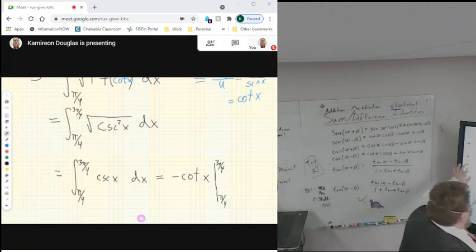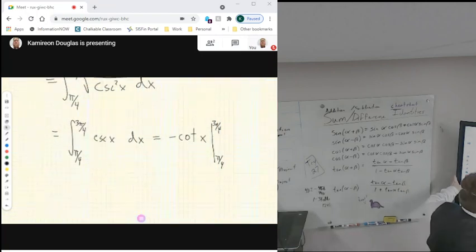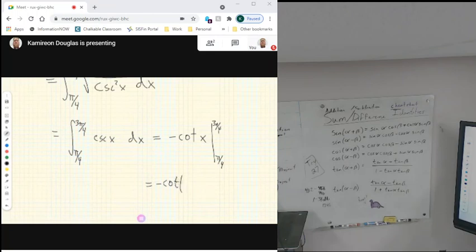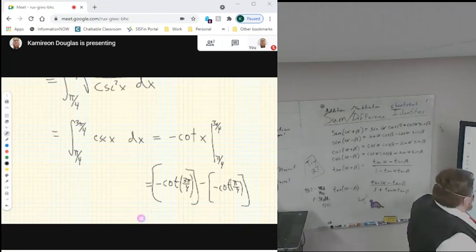The arc length of this function is equal to negative cotangent of 3 pi over 4, that's my first piece, minus negative cotangent of pi over 4. I simplify what I can.